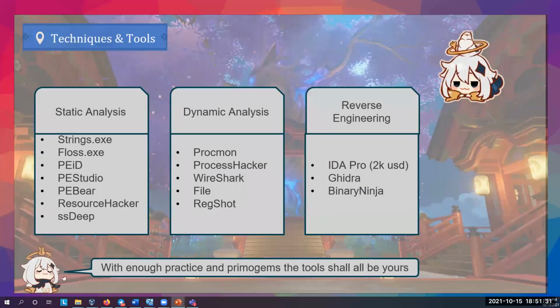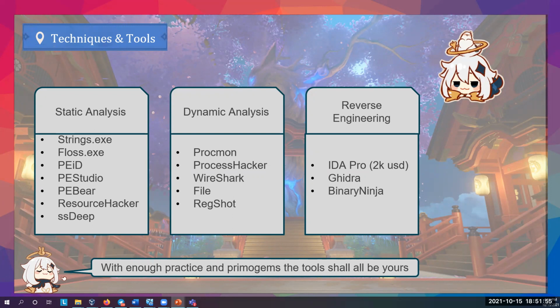For each analysis technique, there are different tools related to the technique. This is just an example of what tools are available under each technique. You don't have to know them all, but it gives you an example of the tool set that a malware analyst carries around.